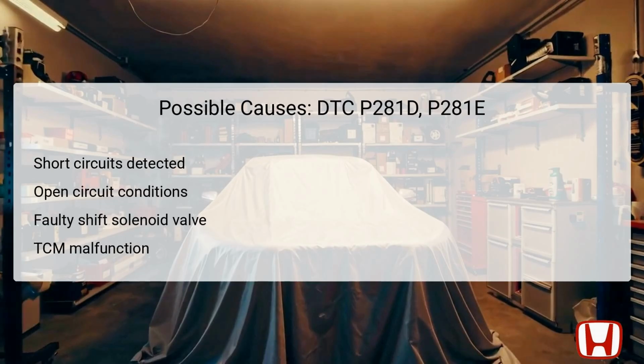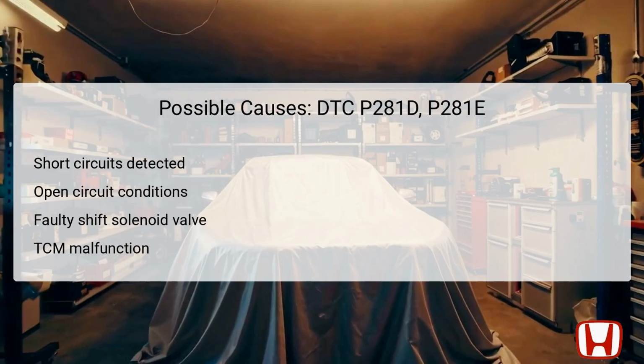Firstly, a short circuit in the output circuit could lead to incorrect readings. This indicates that power may be unintentionally flowing through the circuit and needs to be inspected. Secondly, open circuit conditions may mean that the circuit is broken and not allowing sufficient current flow, impeding solenoid operation.